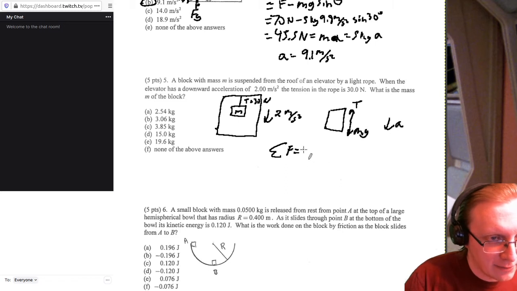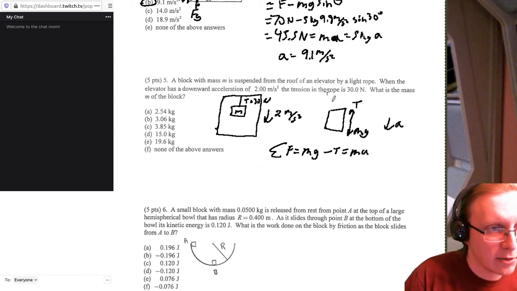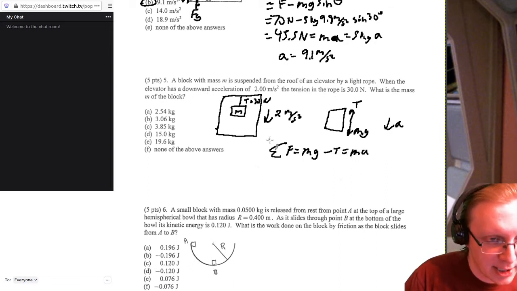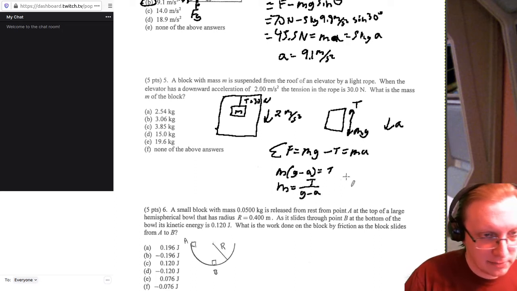So then we have mg going down minus tension going up is equal to ma going down, right? Downward acceleration, yes. So then we'll rearrange this for m. m times (g minus a) is equal to T. Therefore, m is equal to T over (g minus a).